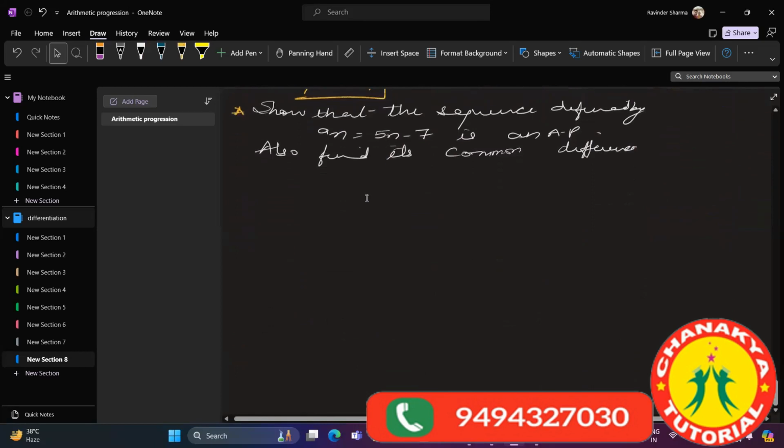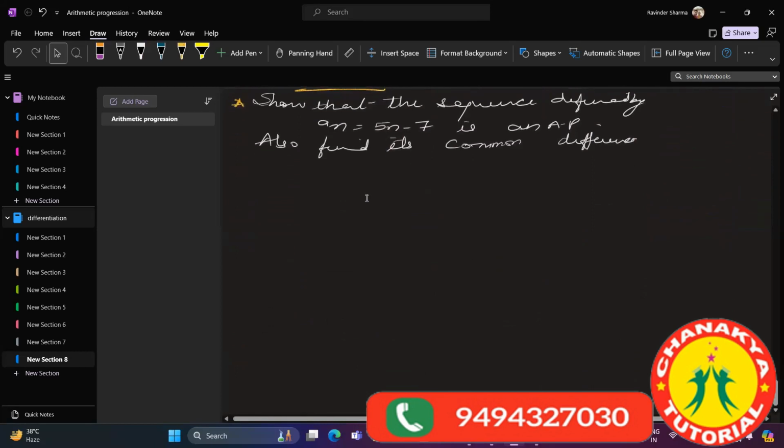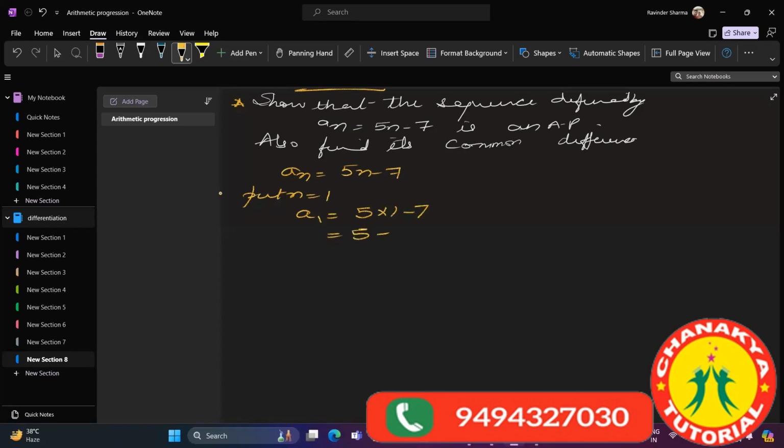You have to just put the values of n as 1, 2, 3, 4. So our nth term is 5n minus 7. Put n equal to 1, then your first term will be 5 into 1 minus 7. So 5 minus 7, it will be minus 2.